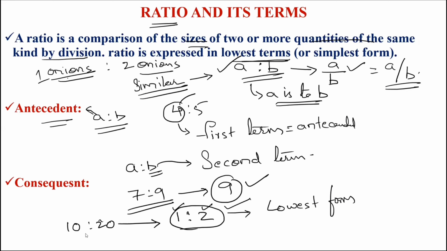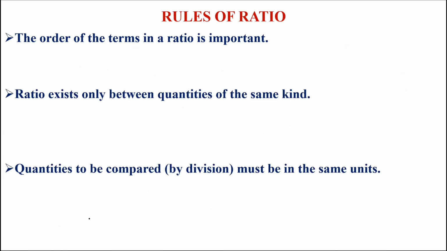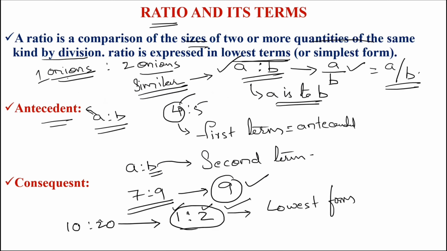We take one factor which divides both numbers. Here we have taken 10, which divides 10 and 20. If you have 40 is to 60, first cancel the 0s, then divide by 10: 2 times, 3 times. So 2 is to 3 is the lowest form of 40 is to 60, where 2 is the antecedent and 3 is the consequent.